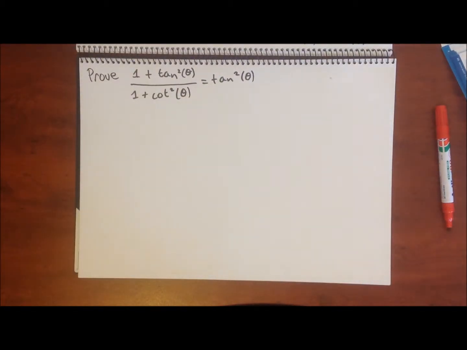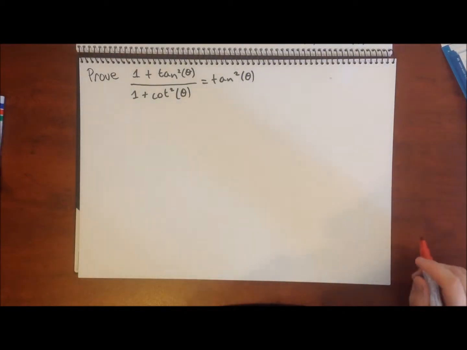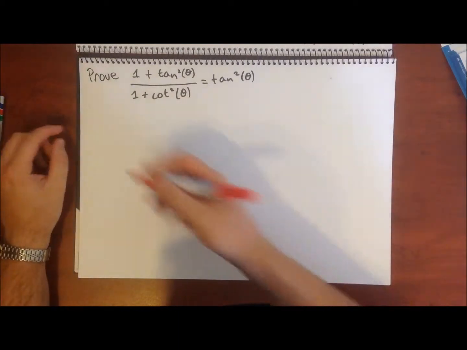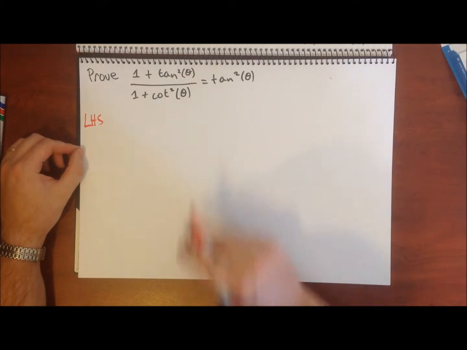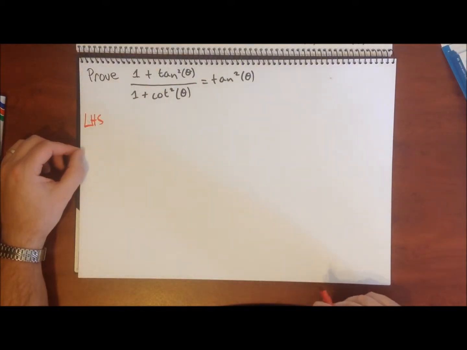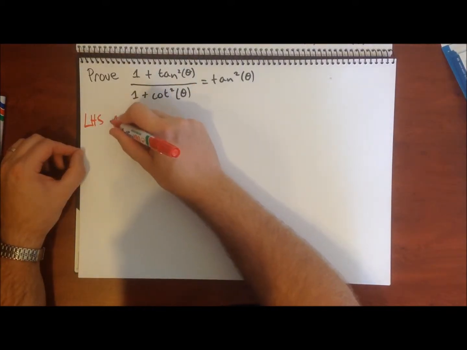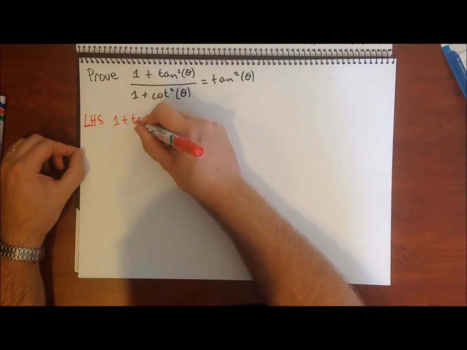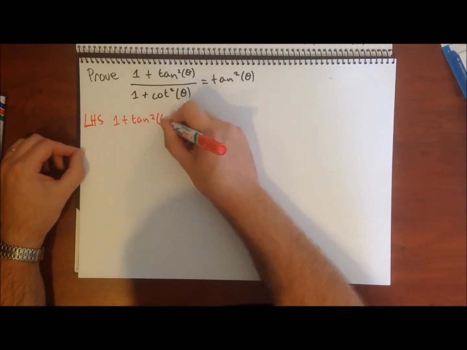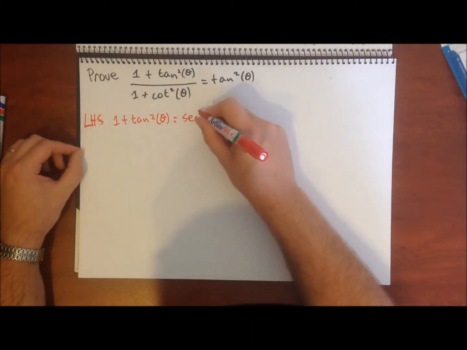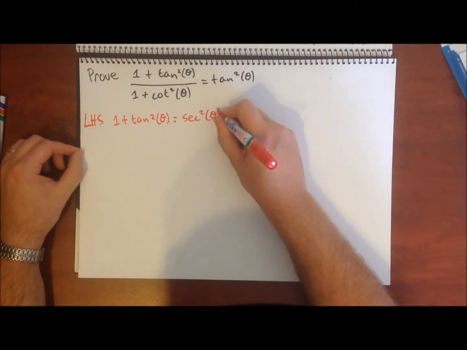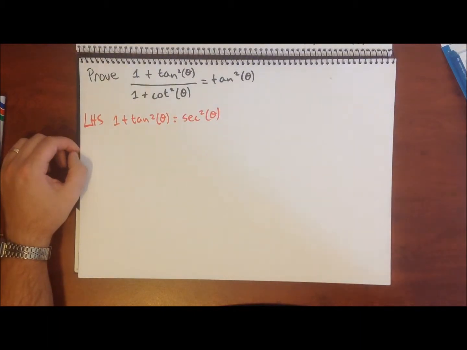Again, we need to think back to the identities that we have. So we think of this left-hand side; this is the side that we're going to manipulate. Remember that 1 plus tan squared theta is equal to sec squared theta. That was one of our identities that we introduced before.